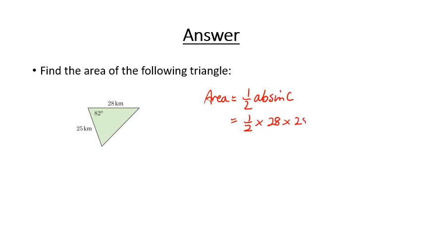Our b is 25, and our angle is 82. We simply put all that into our calculator, and we would get 346.59 kilometers squared.